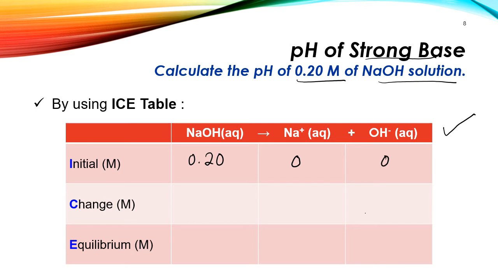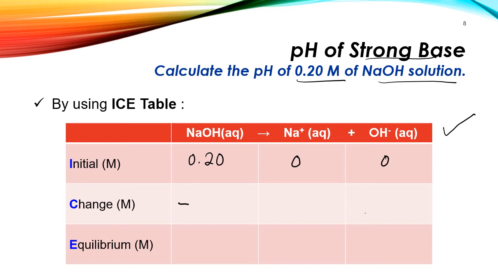But then, after the reaction occurs, which means the dissociation, there must be changes to the concentration of both reactant and product, whereas the reactant will decrease in concentration and the product will increase. The reactant here is aqueous NaOH, so it will decrease during the reaction. So we use this negative sign to show that the concentration decreases.